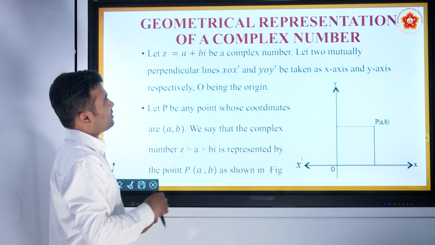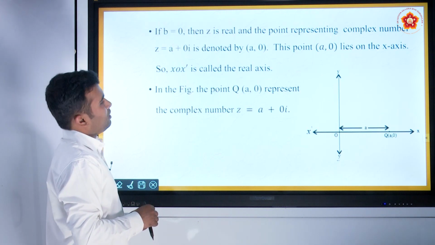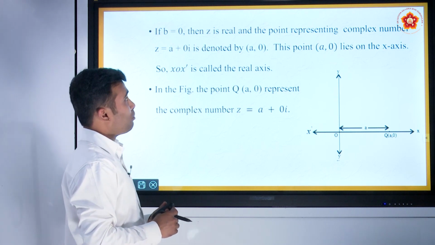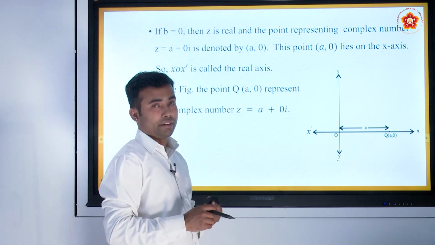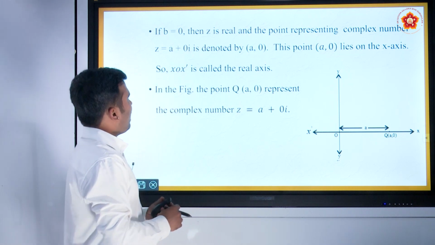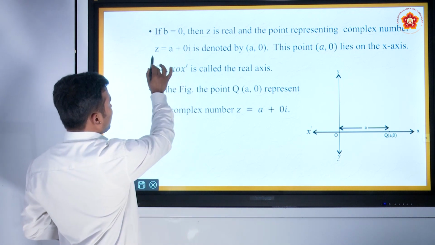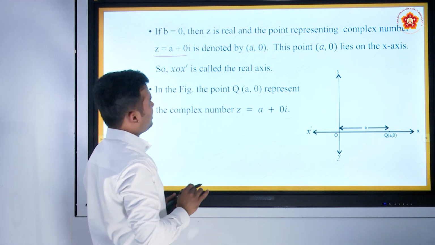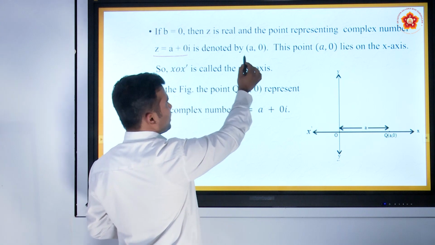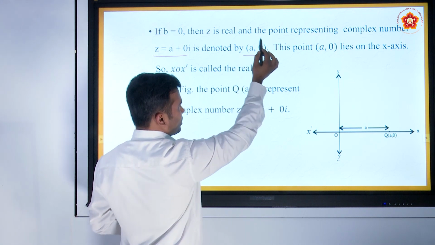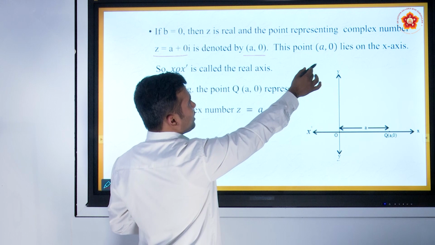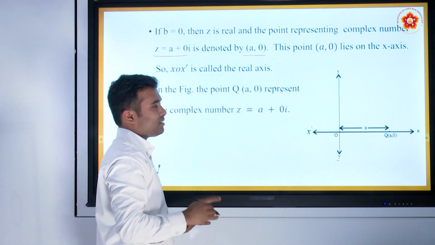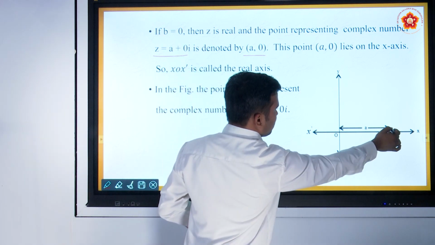Next we can see the particular cases. If b is equal to 0, then the complex number is purely real, and that can be represented as z equal to a plus 0i, which can be denoted as the coordinate point a comma 0, and this point lies on the x-axis. Already I told you that the x-axis is nothing but the real axis.